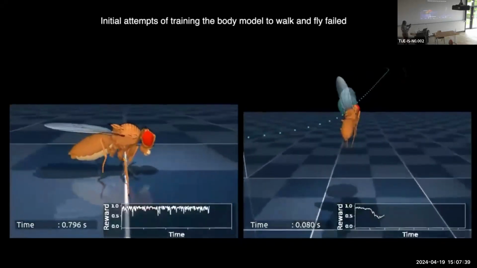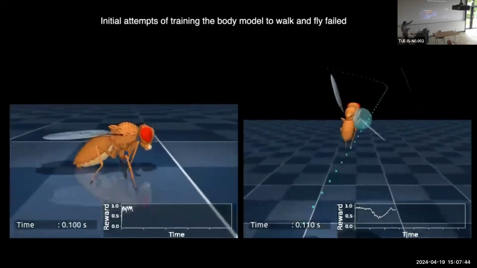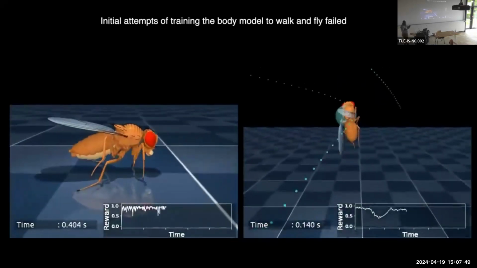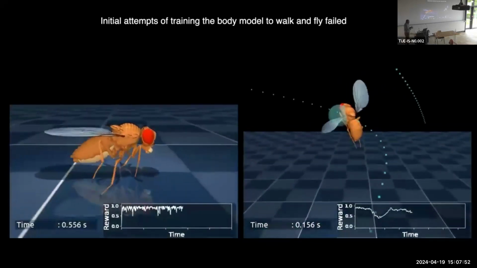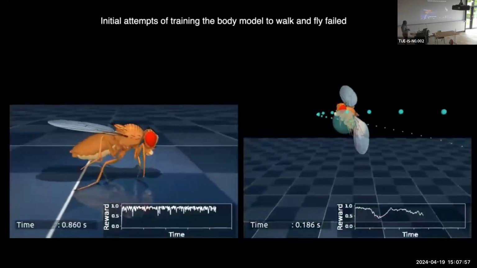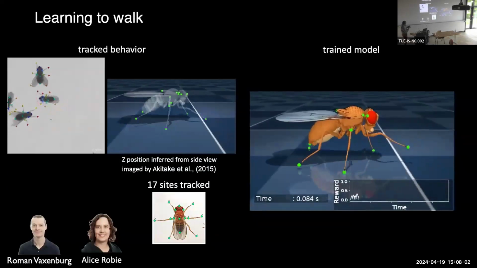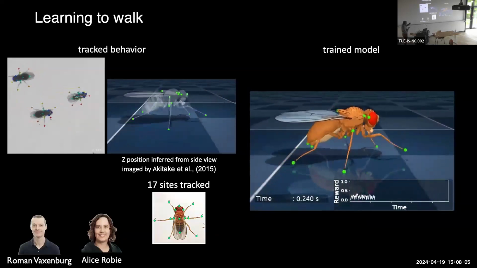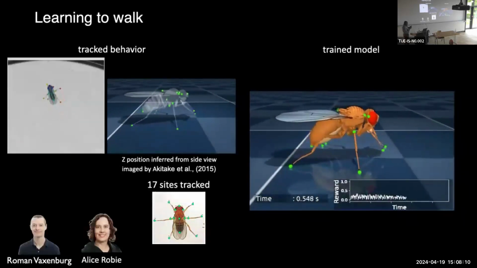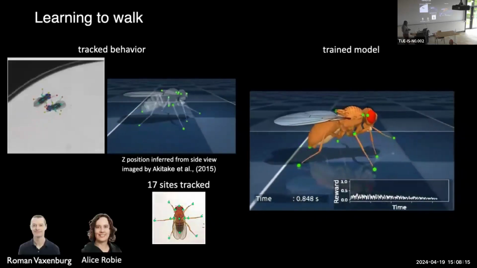And here you can see that if you just ask this body to produce walking gaits or fly along trajectories that were, in this case, measured in the lab, in Michael Dickinson's lab, it can do it, but in very unnaturalistic ways. What we did was we worked with data, for instance, for walking from Kristin Branson's lab, collected by Alice Roby, and then we trained this model to imitate the walking behavior of real flies.